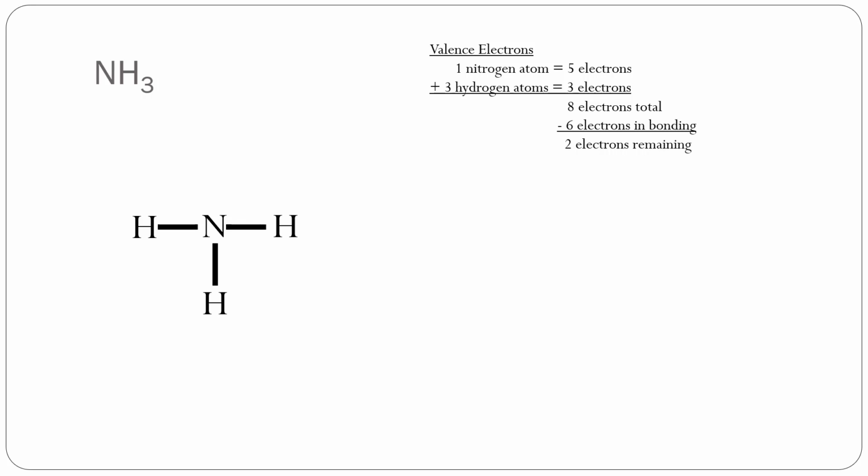Nitrogen wants to satisfy the octet rule. It wants to have 2 more electrons around it. Naturally, these 2 electrons remaining will go on the nitrogen. We use the 2 electrons, so we'll subtract 2 from our total, which leaves us with 0 electrons remaining.